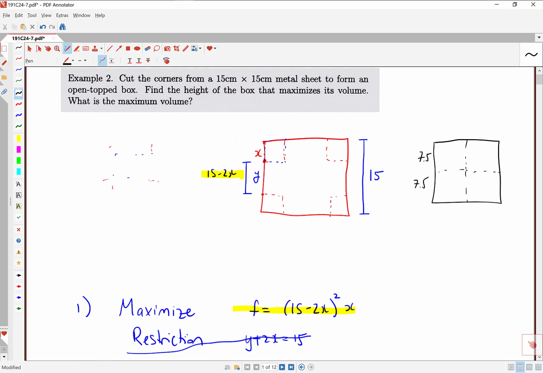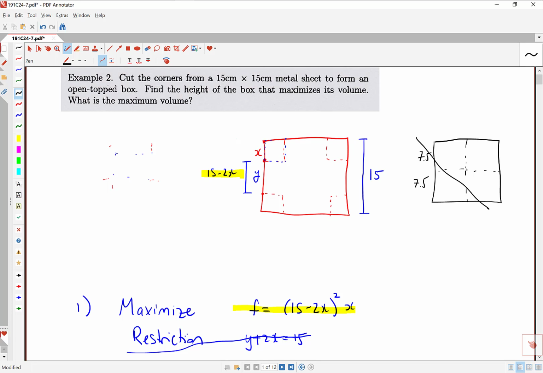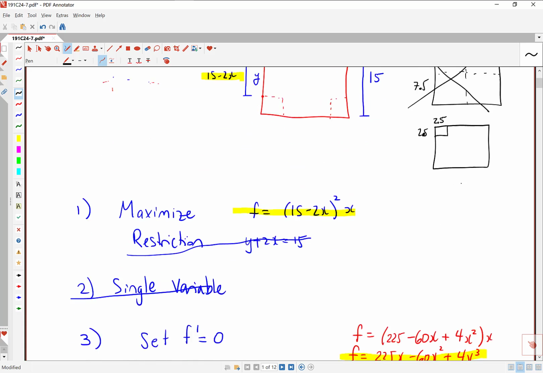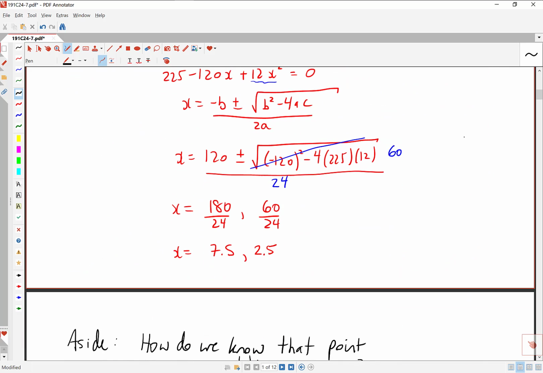And surely that cannot be our maximum volume. That actually turns out to be our minimum volume. So just based on physical intuition, we could say, no, that doesn't make sense. And the correct answer is going to be when we choose 2.5 as the side length of that little corner that's being cut out. So a little bit of physical intuition there helps us decide between our two answers.